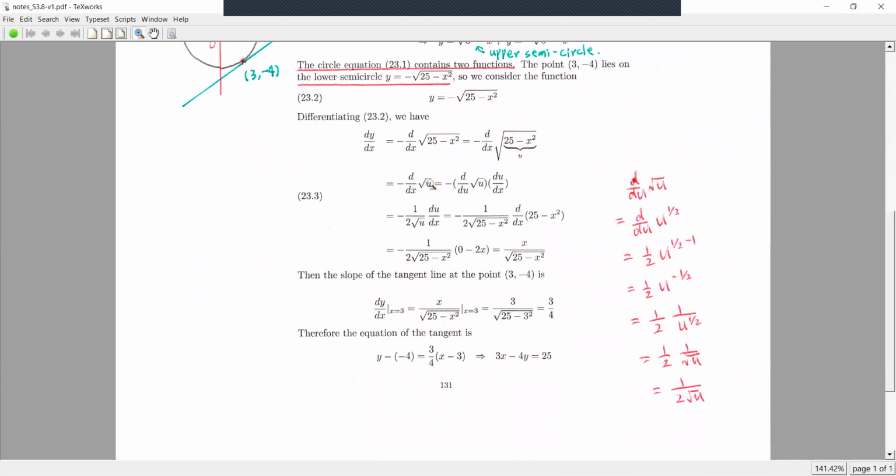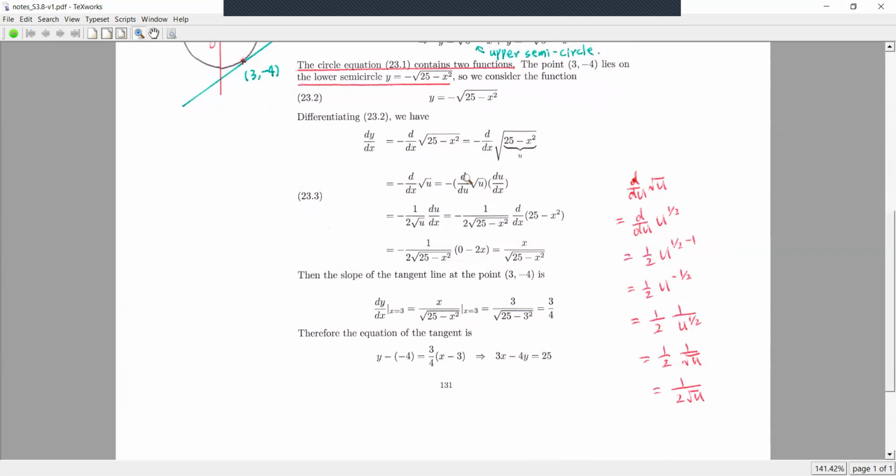Because x and u are different variables, before we can compute this derivative, we need to apply the chain rule. We insert du to the denominator and du to the numerator. Then this derivative is equal to the product of these two derivatives.